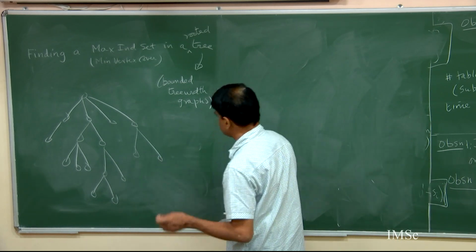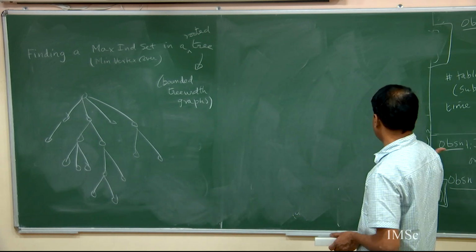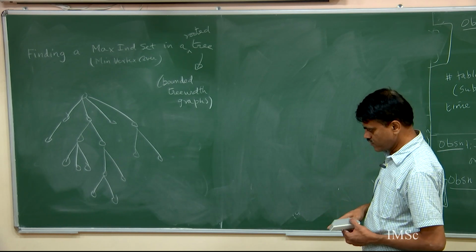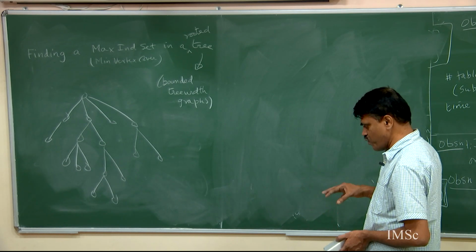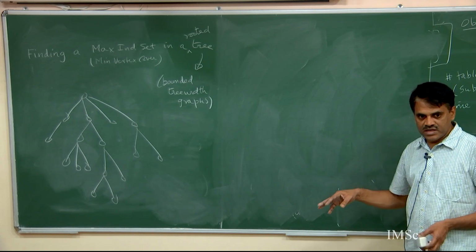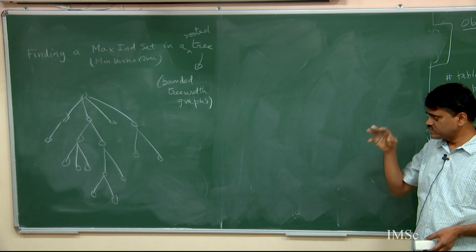one other observation is that many of these also generalize for weighted versions. If you look at the set cover, I could have sets having weights, and I want to find the minimum weight family that covers the entire universe.